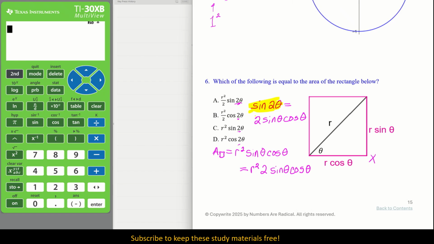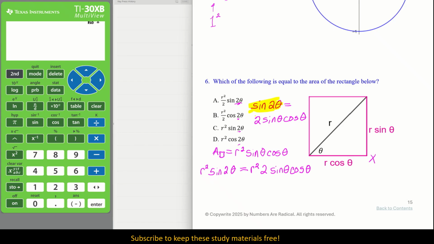I know I need R added to it, so I'm going to multiply R to my sine of 2 theta. Now I have R on both sides, and I have the equivalency of the double angle on both sides. I have my right and my left side. Now look, you see that's an equivalency.